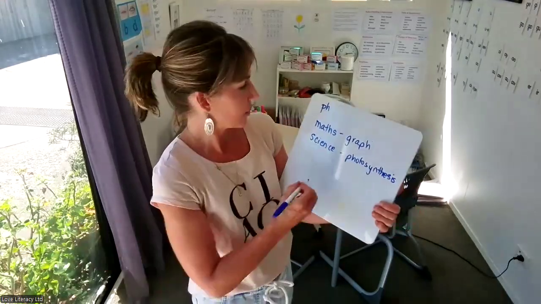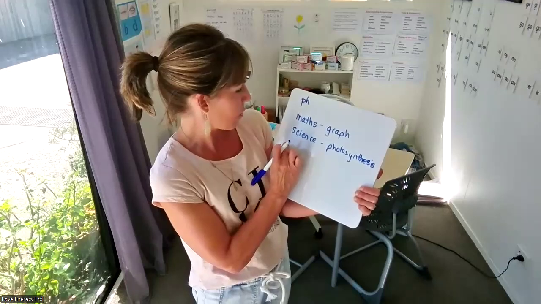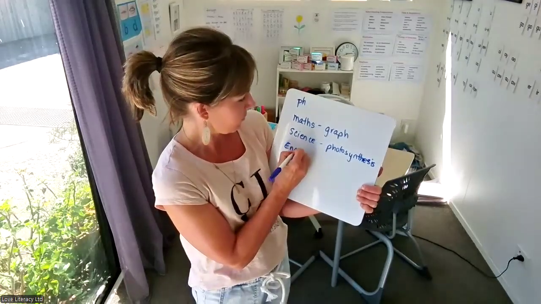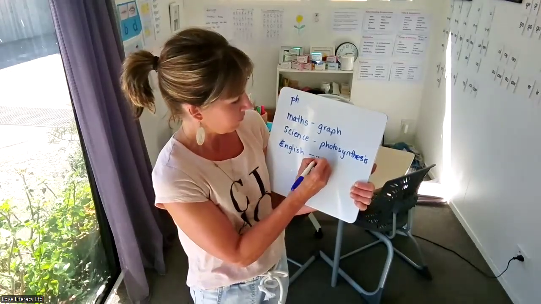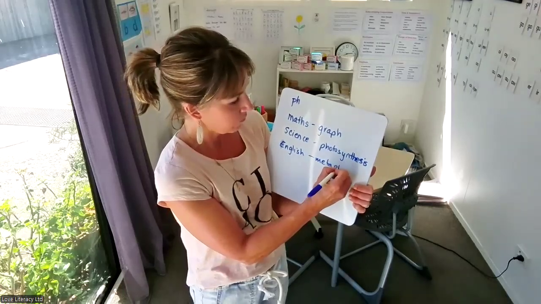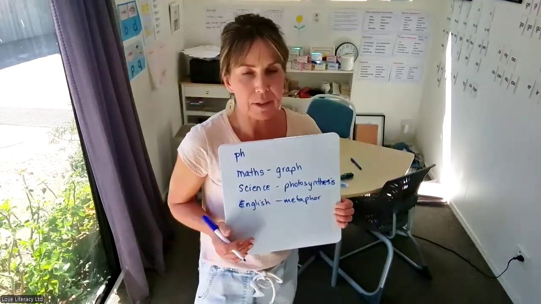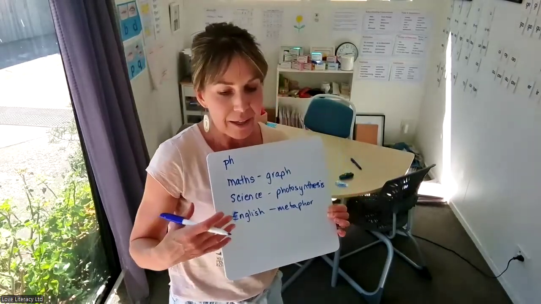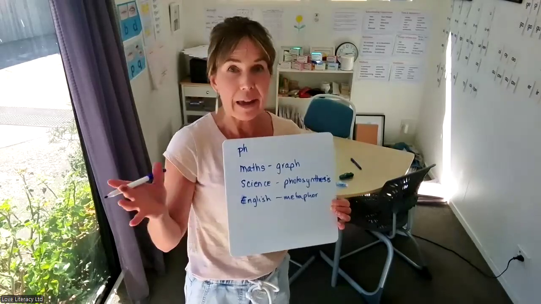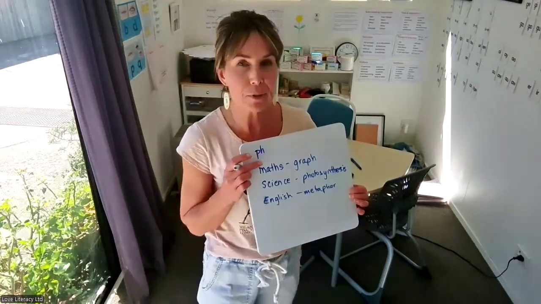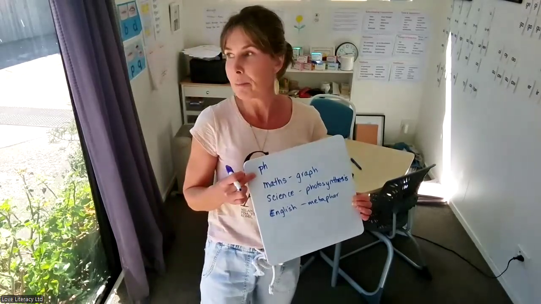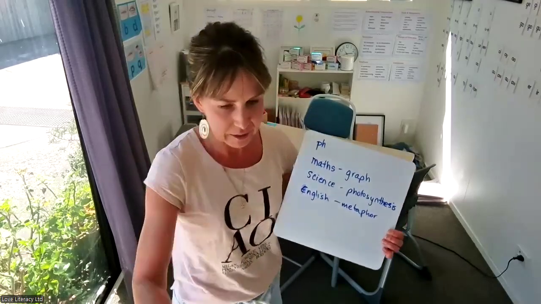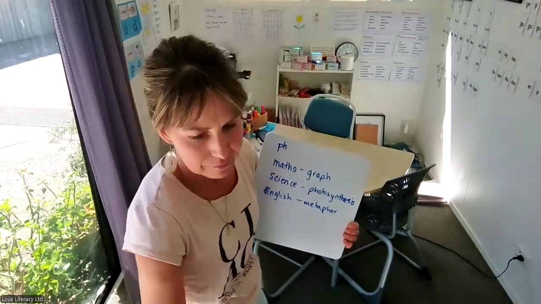And in English, we might have a metaphor. So as we can see, we are starting to have our PH appear as a gateway to that more academic vocabulary. And the earlier we can get students reading this, the more we can open up their reading language.